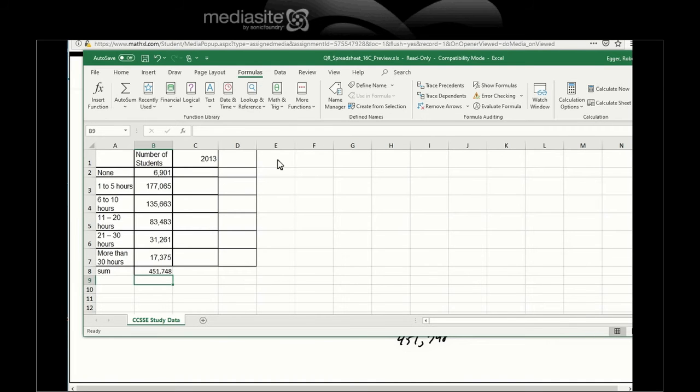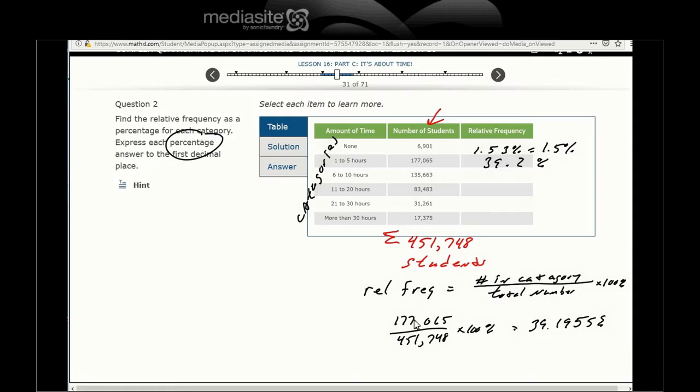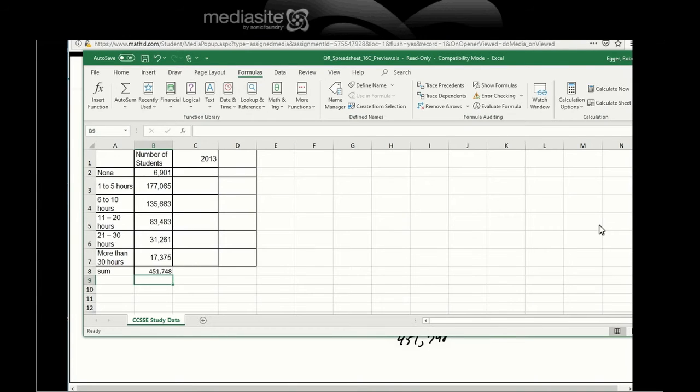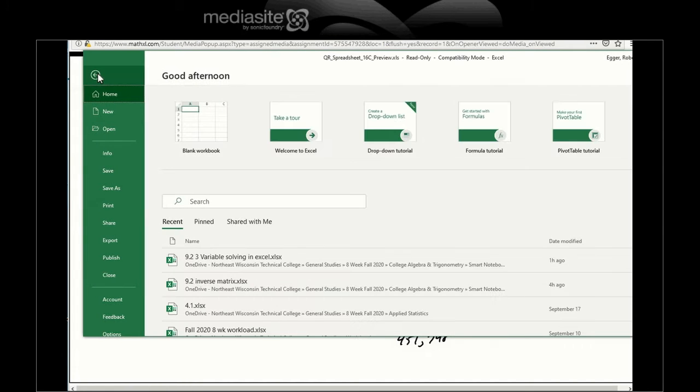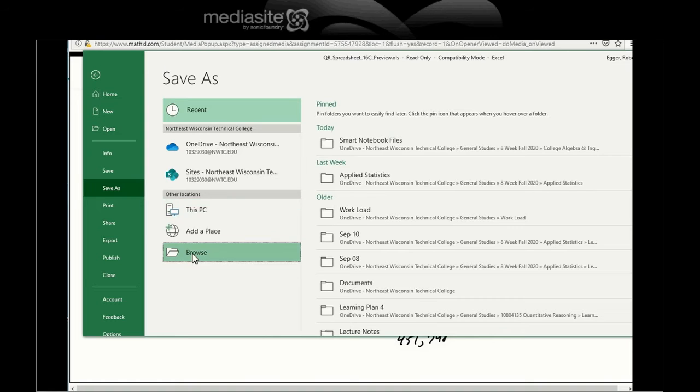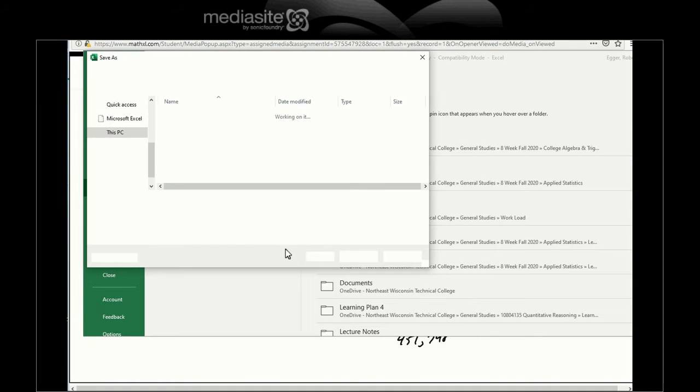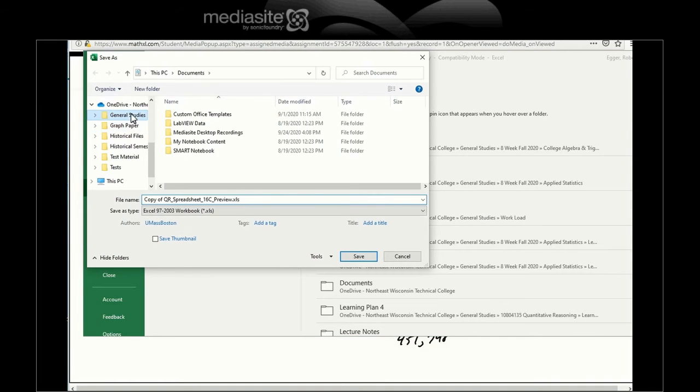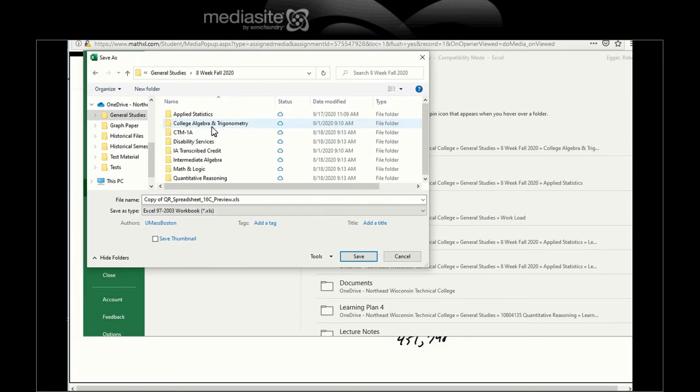Let's make another column here. Read only. Okay, I'm just going to save it so it allows me to do some work on it. Where are we at?